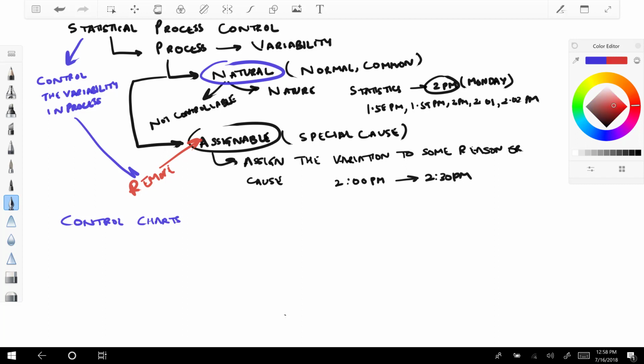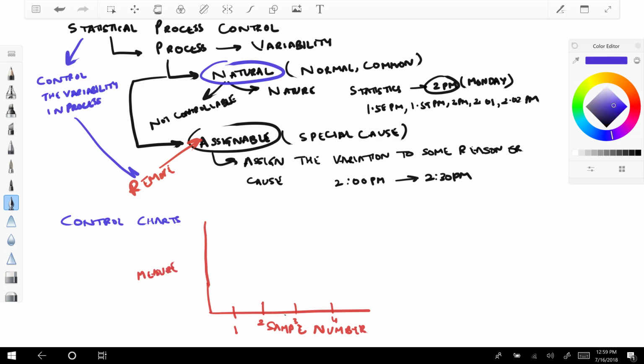So a control chart: this is sample number. You take different samples from your population. This is sample 1, sample 2, sample 3, sample 4, and then this is the measure.